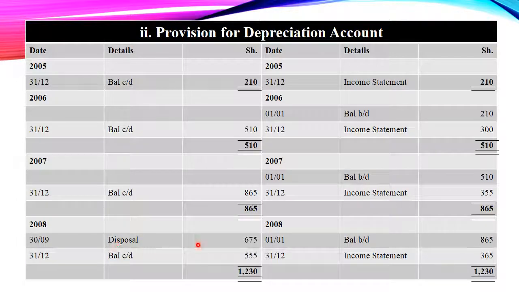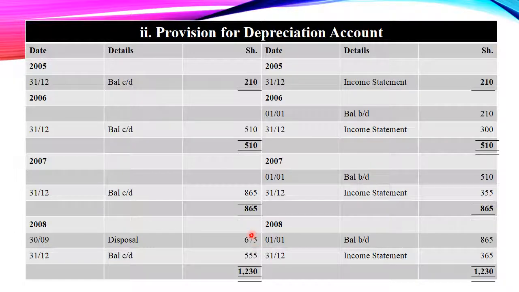We are disposing of an asset, and when we dispose the asset, we are going to reduce the depreciation by the figure of accumulated depreciation of that asset that we are disposing of.